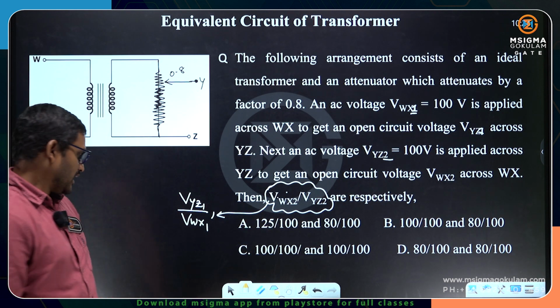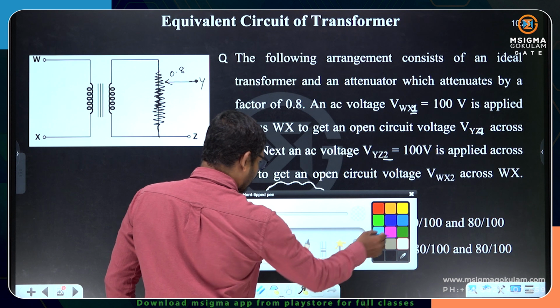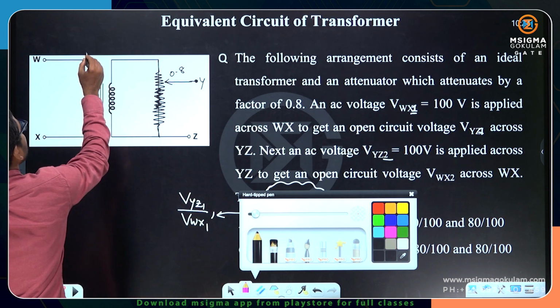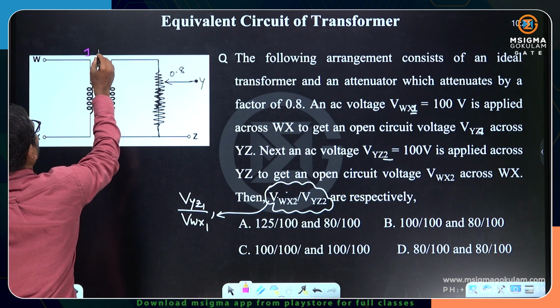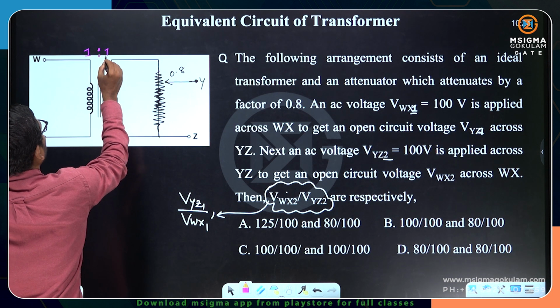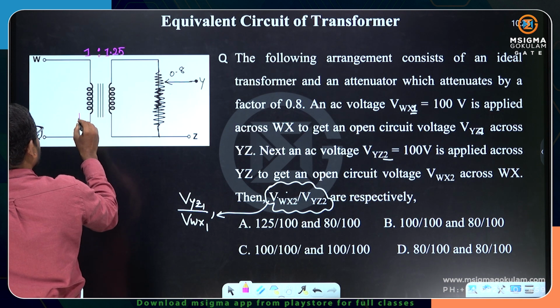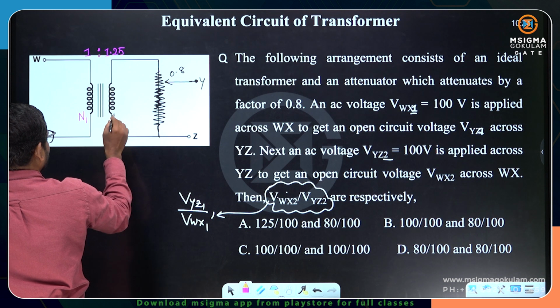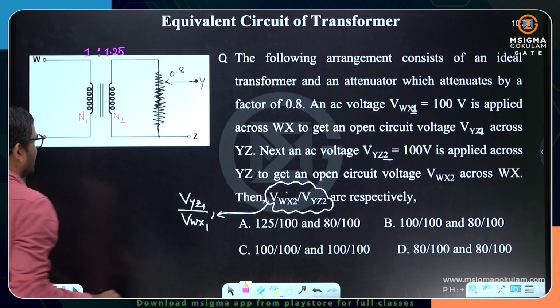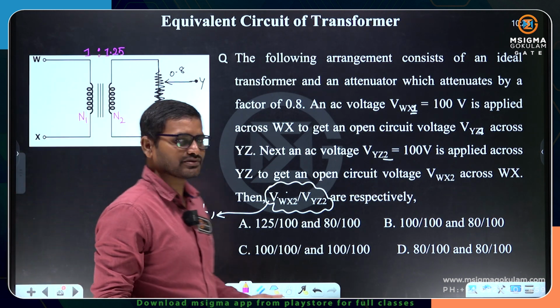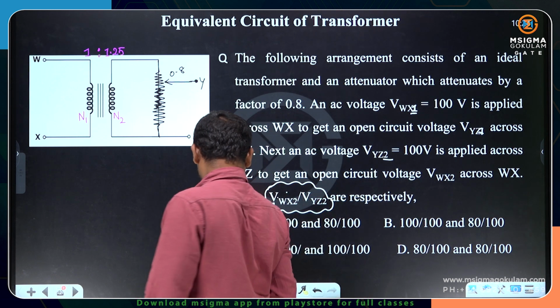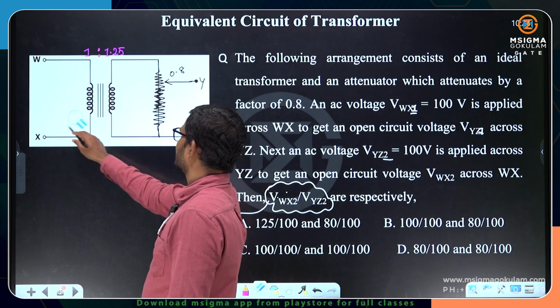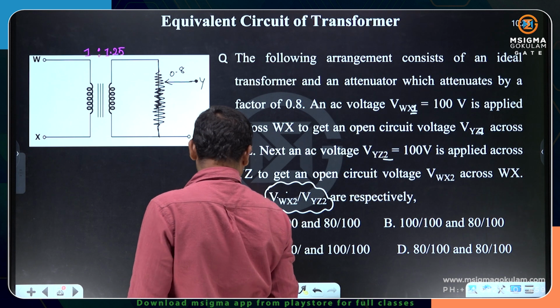It is asking that. Here there is a small printing mistake. The point is the turns ratio is given as 1:1.25. Maybe you can take it as N1 and N2. He did not mention N1 and N2 values. You can take them up, otherwise if you don't want to, you don't take them up, because he has directly given the values.